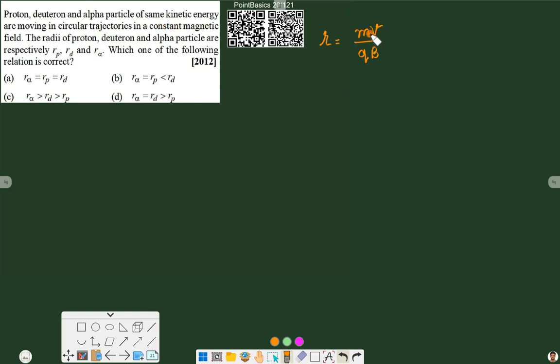So mv is the momentum, and momentum and kinetic energy have a relation: momentum is given by root of 2m into kinetic energy, divided by qB. Now the magnetic field is the same for everybody, kinetic energy is the same for everybody, and 2 is constant, so we can say the radius is proportional to root m by q. Let's first compare alpha and proton.